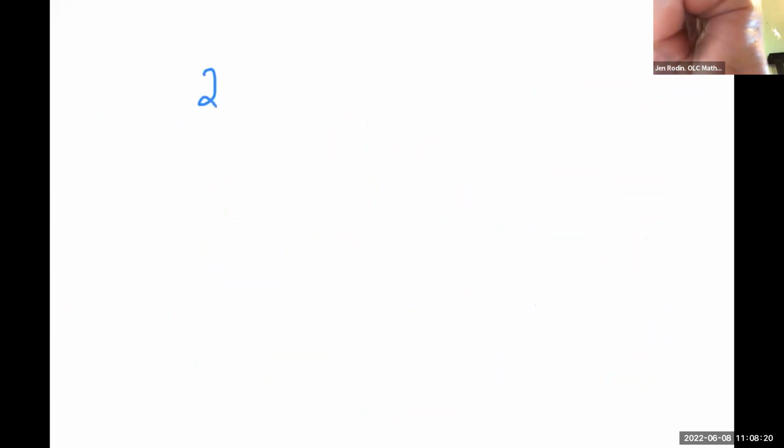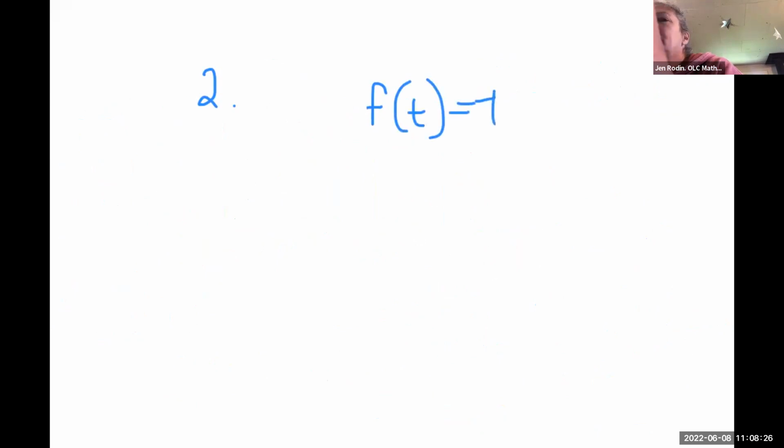Number 2 gives us the function of this particle, f of t equals t squared minus t, where v is velocity. Oh, I should call it v. I think I was missing a piece there. V is the velocity. So there we go. They give us that. They want us to find it from 0 to 3.